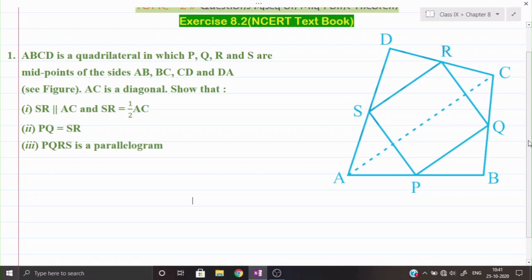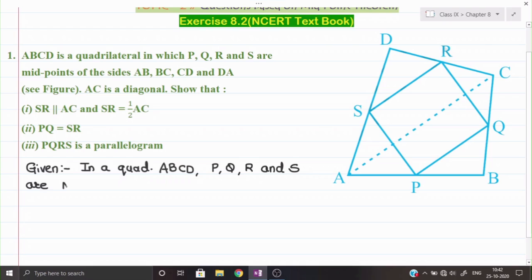First of all, I will write down the given things. In the given, we have: ABCD is a quadrilateral, and P, Q, R and S are midpoints of the respective sides.